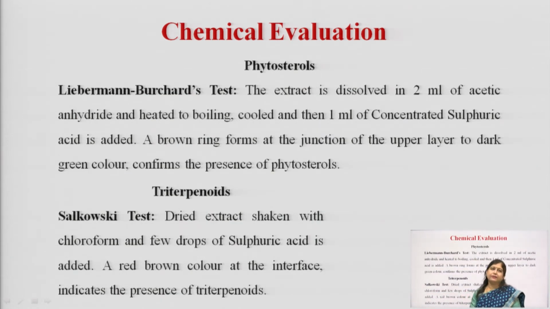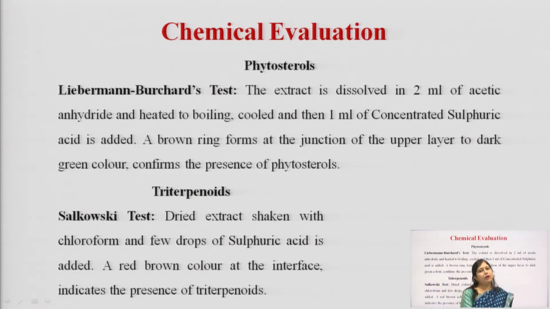Then there is one test which is generally done for the phytosterols, which is known as the Liebermann-Burchard test. This test is done for a particular sterol structure present in many of the plants, like the steroidal saponins or the cardiac glycosides.